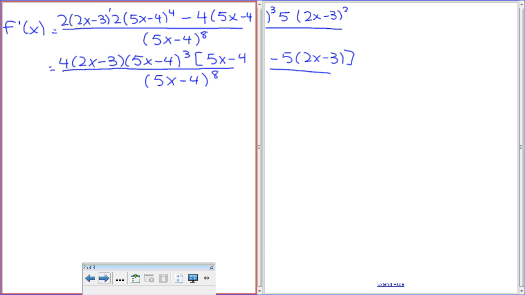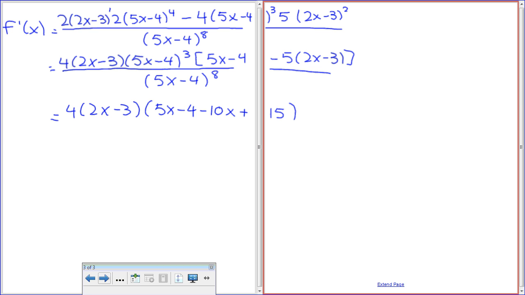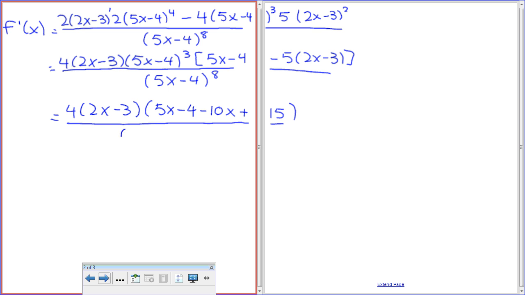So this is equal to 4 bracket (2x minus 3), and that turns into (5x minus 4) minus 10x plus 15, all over (5x minus 4) to the 5. So I'm going to say f prime of x is equal to 4(2x minus 3), that's negative 5x plus 11, over (5x minus 4) to the 5.